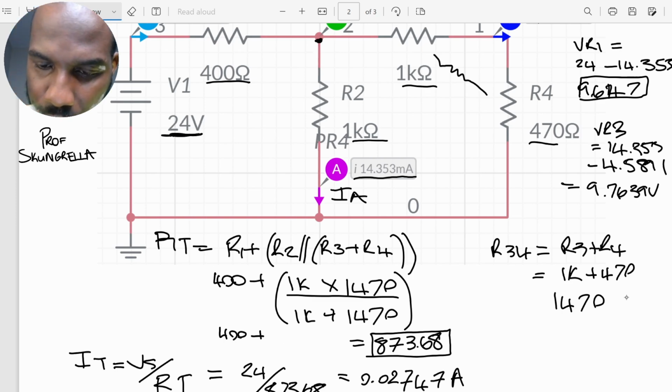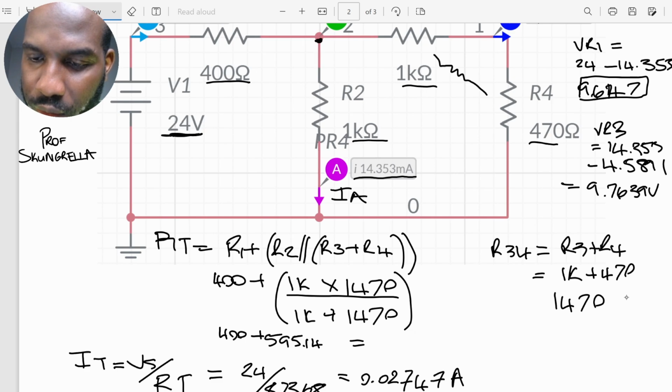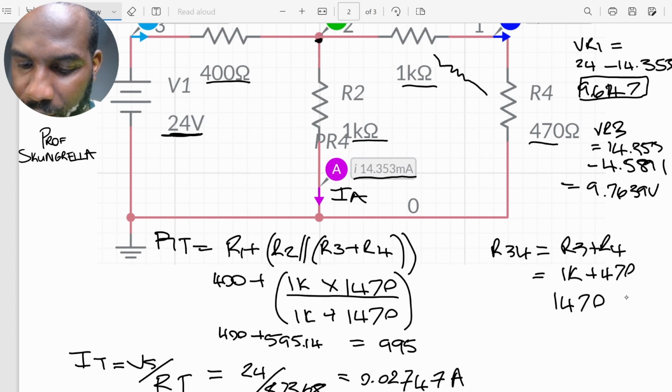This should be 595.14, and this will give us a total resistance of 995.14 ohms. And so then the current is going to be slightly lower.